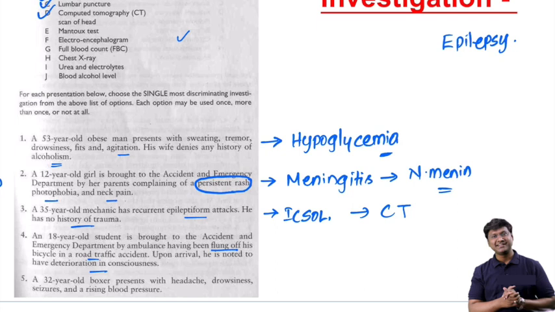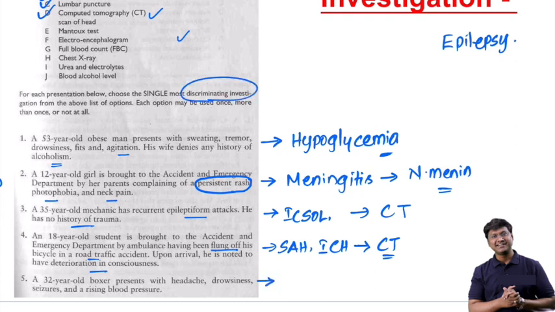Either subarachnoid hemorrhage or some intracranial hemorrhage, like subdural hemorrhage, extradural hemorrhage or intraparenchymal hemorrhage. How will you diagnose? What would be the first important investigation? That is CT scan. So in this clinical scenario also, the ideal investigation you have to do first will be CT scan.